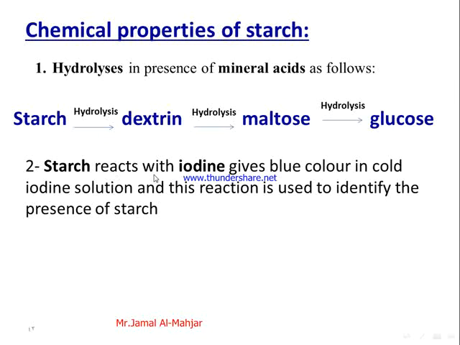Starch is a non-reducing sugar, like sucrose. But how can you distinguish starch? Starch is distinguished by adding iodine. Starch reacts with iodine, giving a blue color in cold iodine solution, and this reaction is used to identify the presence of starch.